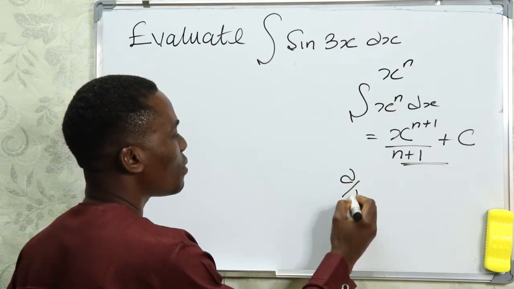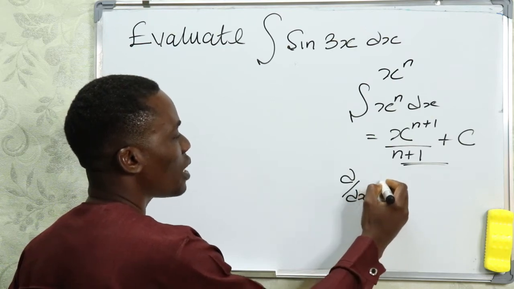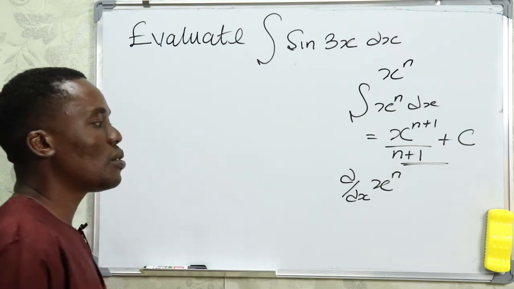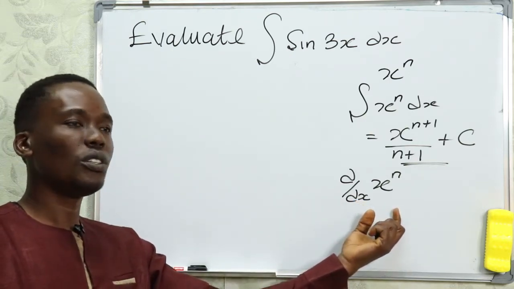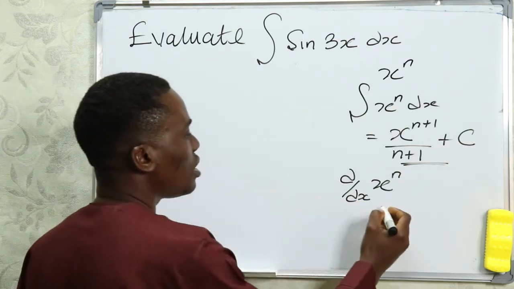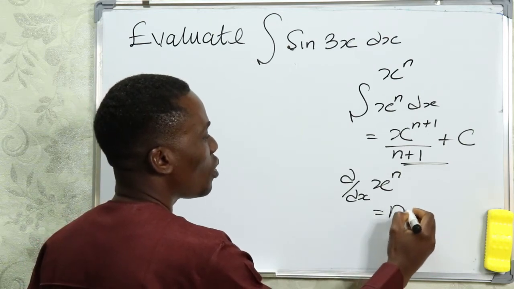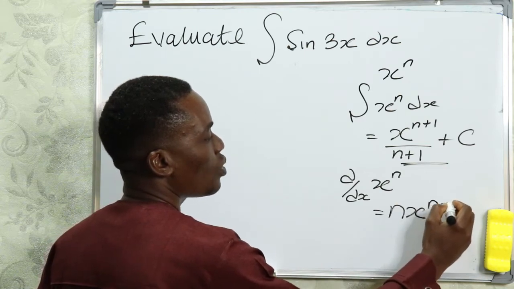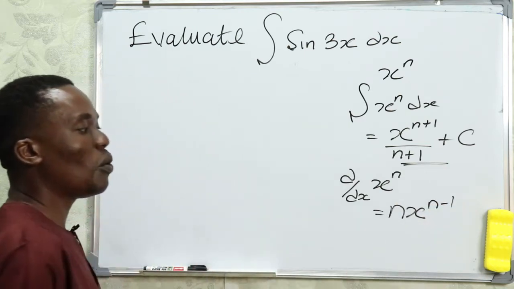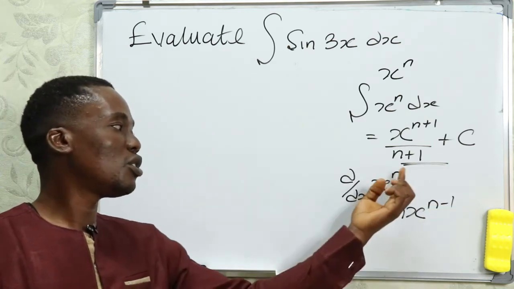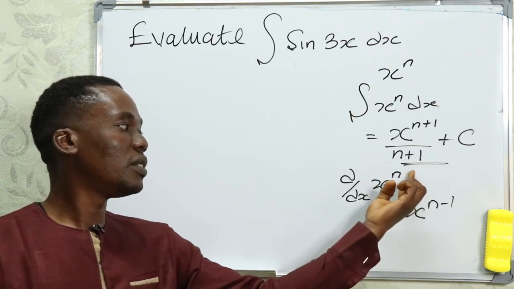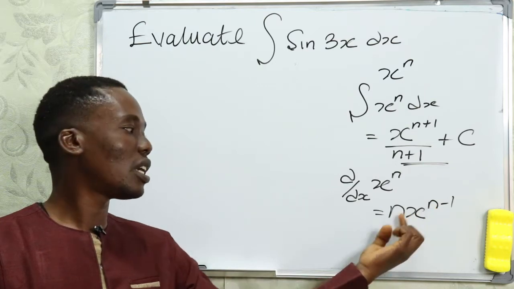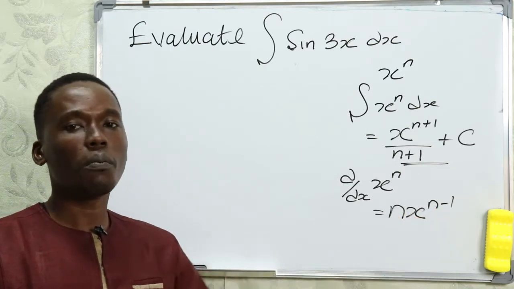If you are asked to differentiate this value, x raised to power n, with respect to x, what this is going to give you is what? Your n times x raised to power n minus 1. All you have to do is to subtract 1 from the power and then multiply by the constant.